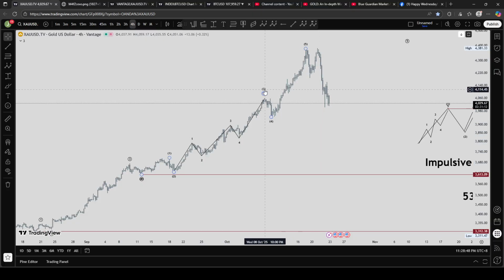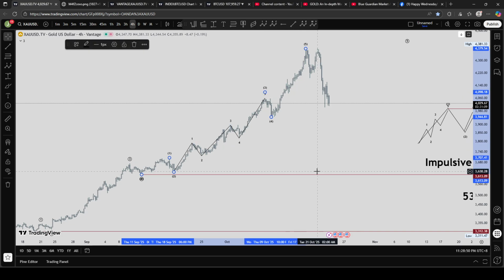Let's check now. Again, what is the first cardinal rule of Elliott wave theory? Let me check on the chat if you can still remember what I mentioned a while ago. What's the first cardinal rule of Elliott wave theory? Let me check the chat.